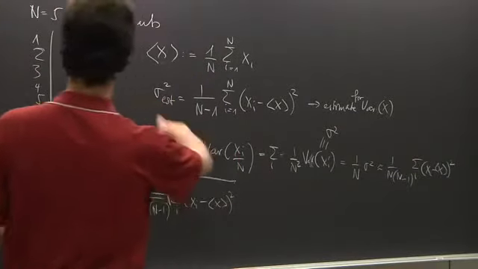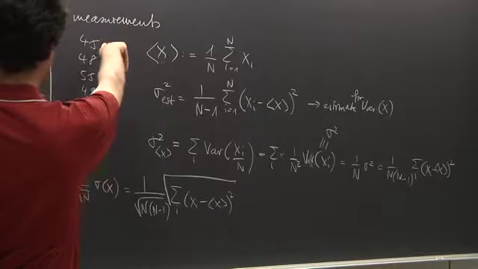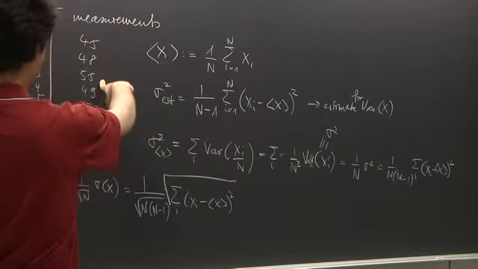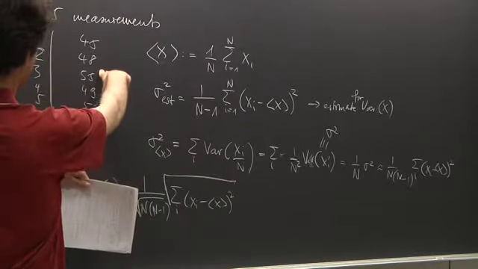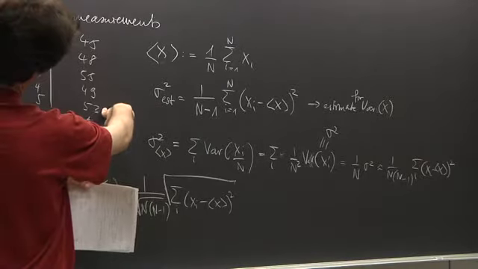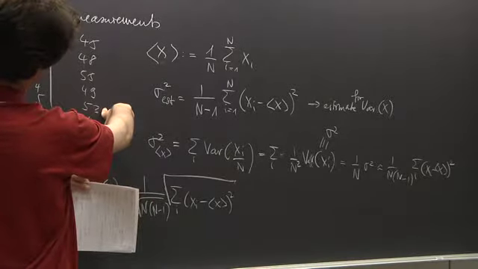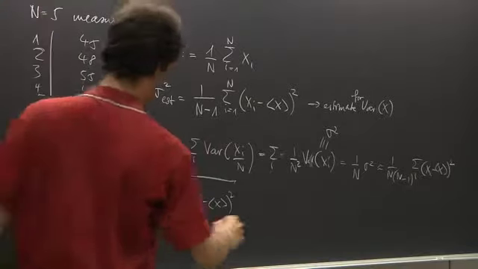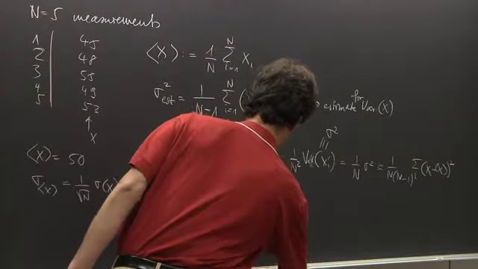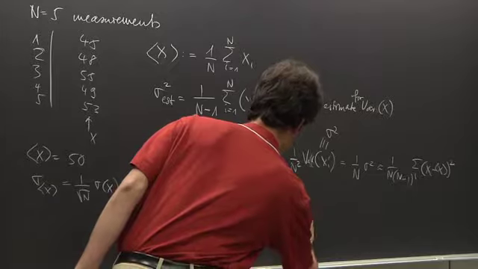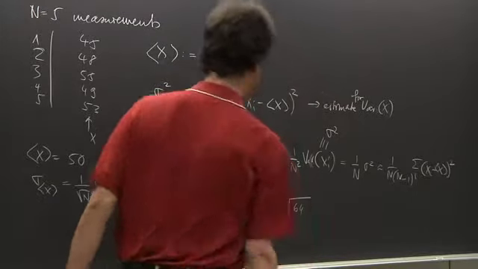So here, if we sum that up, you have 5 squared and 5 squared, deviation from 50, and 2 squared and 1 squared, and 3 squared. That gives 64, actually. So this is square root of 5 times 4 times square root of 64.